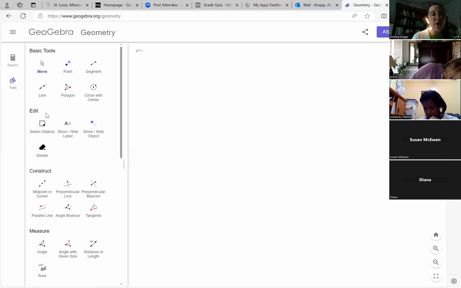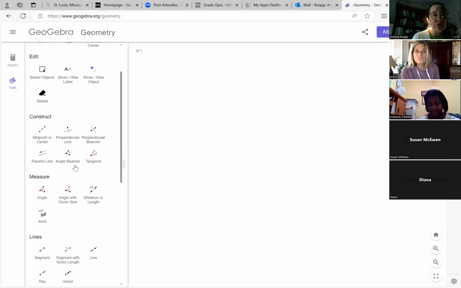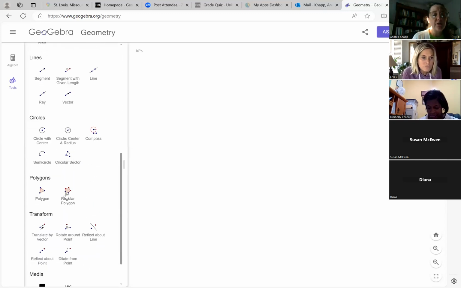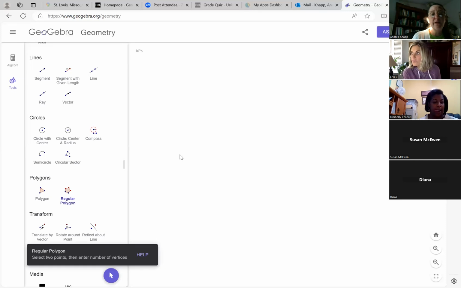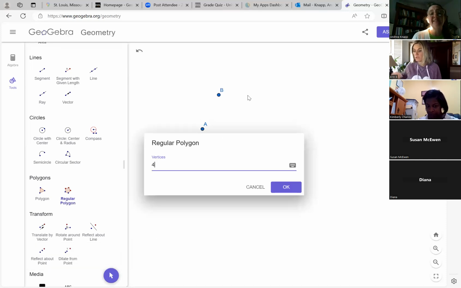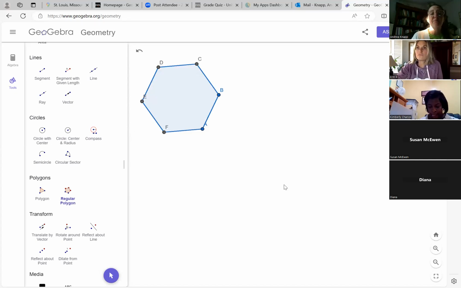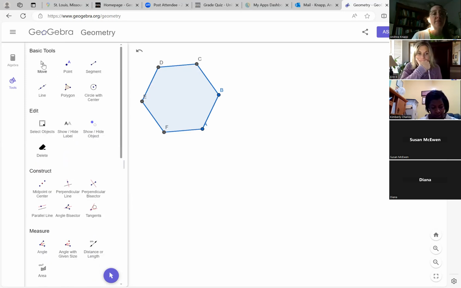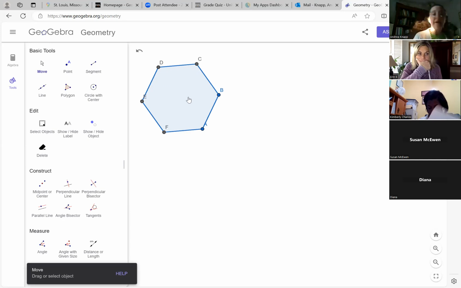Under more, I'm going to choose regular polygon. A hexagon has 6 sides, so I'll just tell it I want to have 6 vertices. So there's the base of my right pyramid.